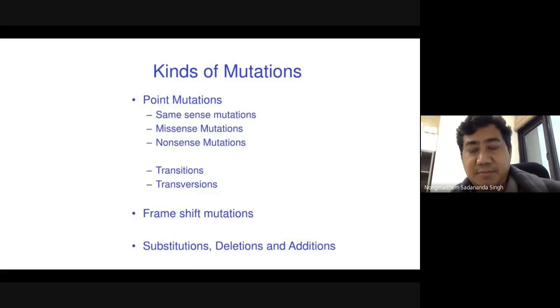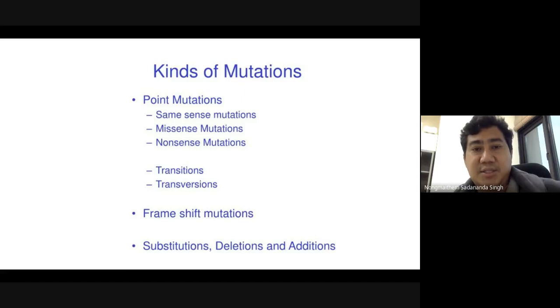Then in the case of missense mutations, what we see is that the change in the nucleotide, either single or multiple, changes the amino acid that is coded by those codons. So there is a change in the amino acid in the coding region due to the change of nucleotide.